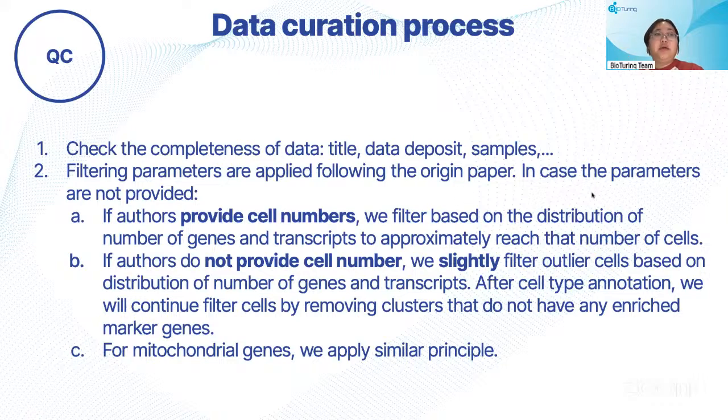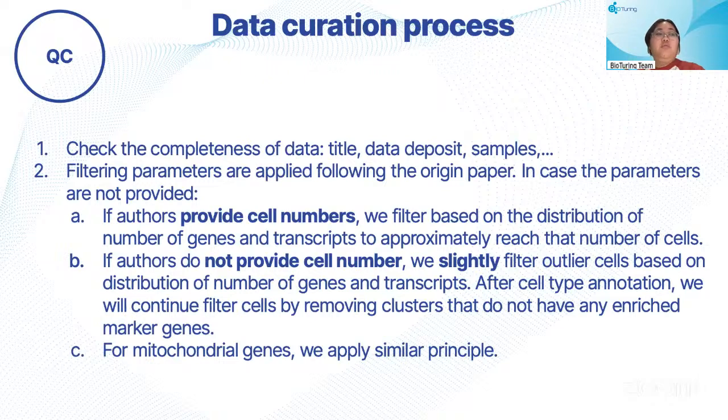However, in some cases, if the parameters are not provided, we will do it like this. If authors provide the cell numbers, usually the cell numbers are attached with the UMAP. In that case, we filter based on the distribution of number of genes and transcripts to approximately reach that number of cells. And if the authors do not provide the cell numbers, this is a hard case.